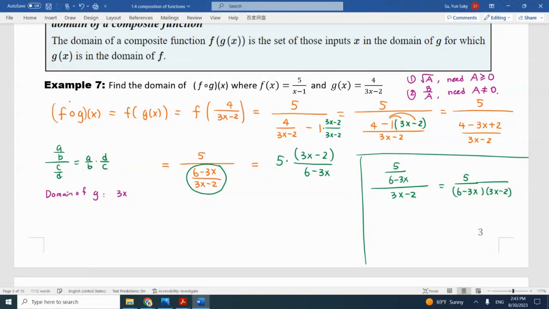So 3x minus 2 cannot be 0. Is that okay, everybody? So you get, add 2 on both sides, you get 3x not equal to 2, and dividing both sides by 3, we get x not equal to 2/3. Is that okay, everybody? And let's see, how about the domain of f?